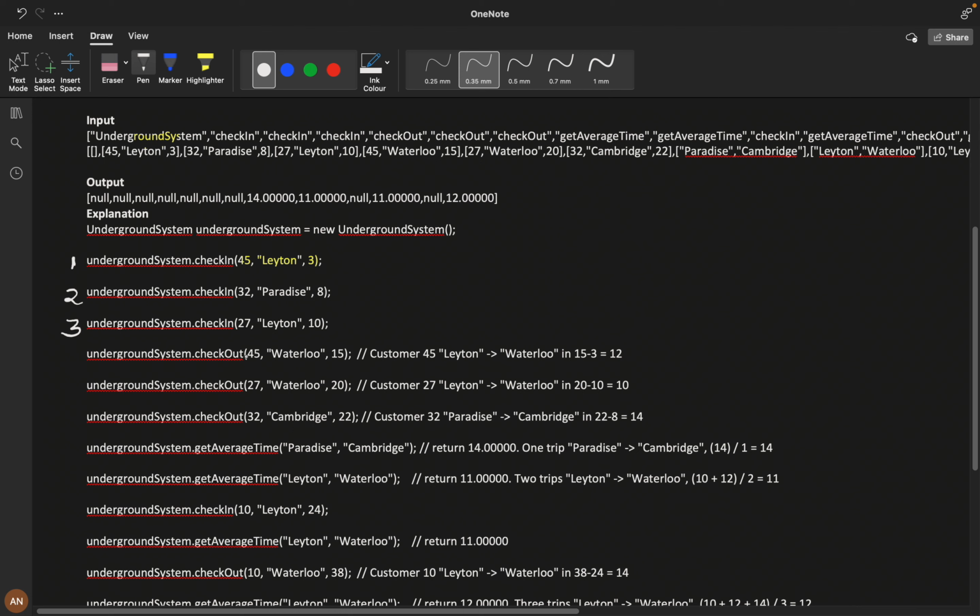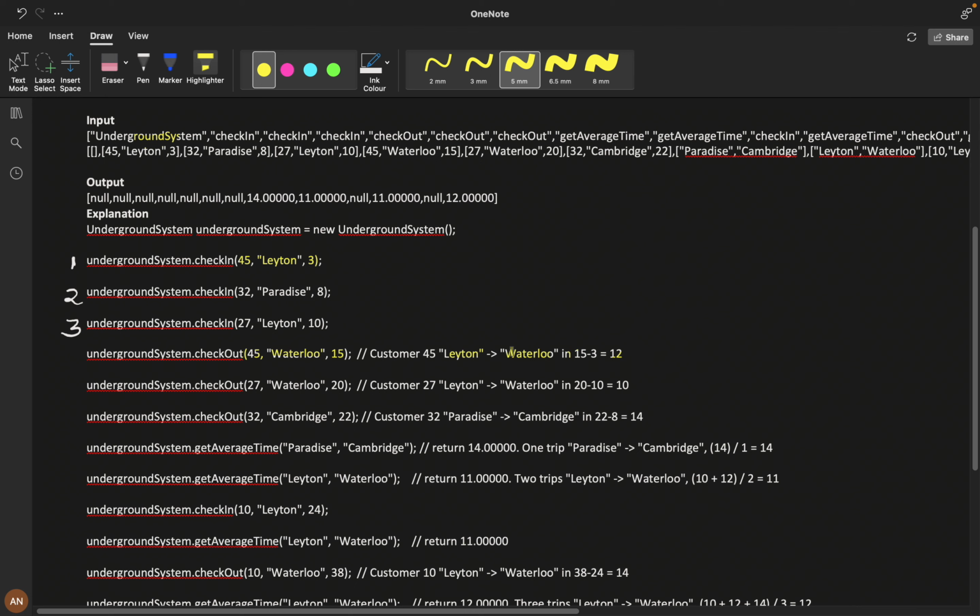Now he is checking out. While checking out, the ID is 45. He started at Leyton and is going to Waterloo, and the checkout time is 15. So how much time is it taking from Leyton to Waterloo?